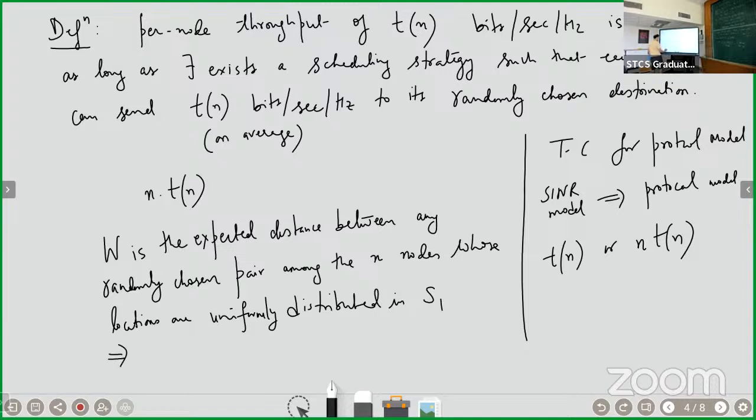Then W times n times T of n is equal to the transport capacity.